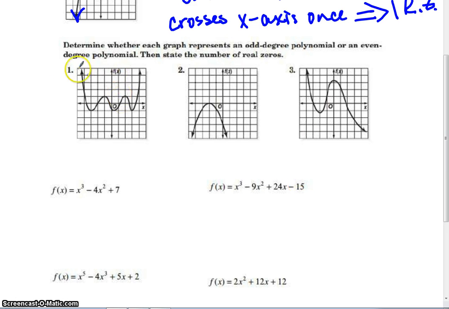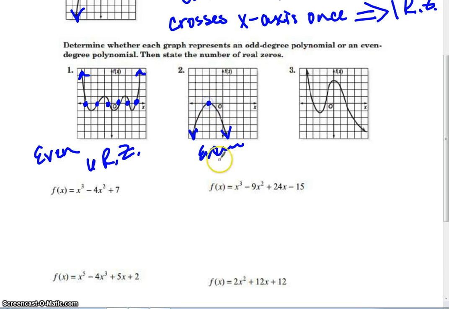Looking at number 1, it goes up. It also goes up. That's the same direction, which means that it is an even degree. And we have 1, 2, 3, 4, 5, 6 real zeros. They go down, so that means it's an even degree because it's the same direction.